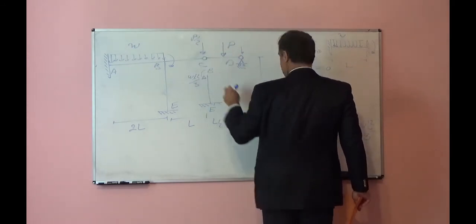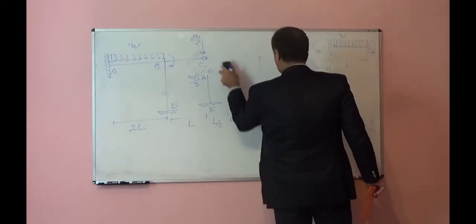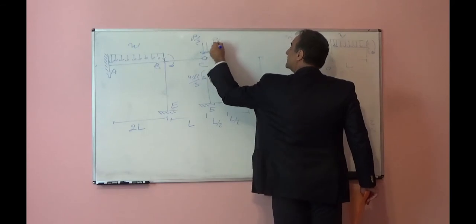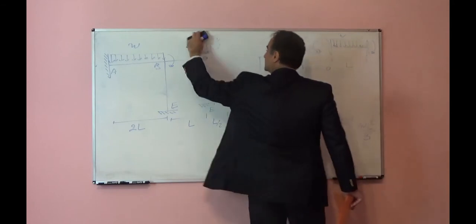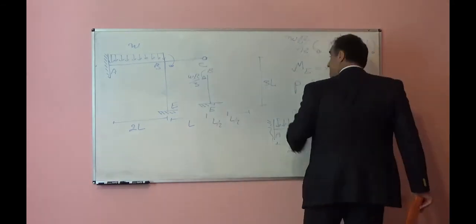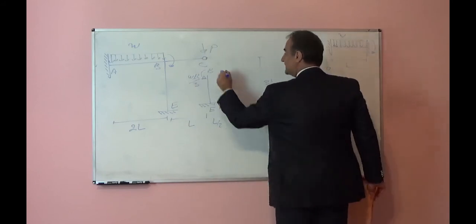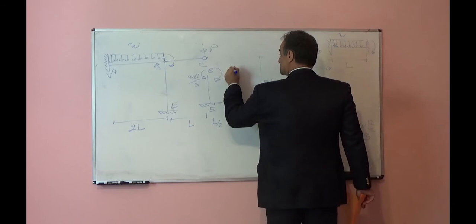So let's see, I can remove this part. I will add another P over 2 here. P over 2, P over 2. So the entire load downward here will be P. P times L will be the moment from the right side of this structure.